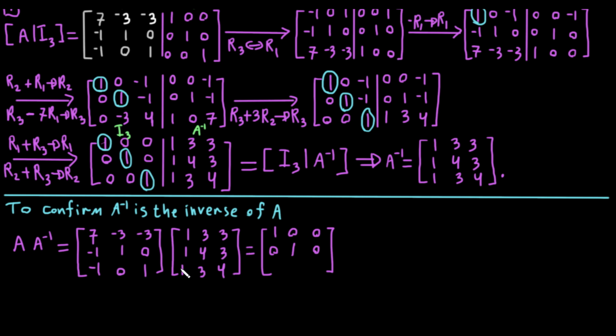0. To find this element, we have to multiply this row by this column.